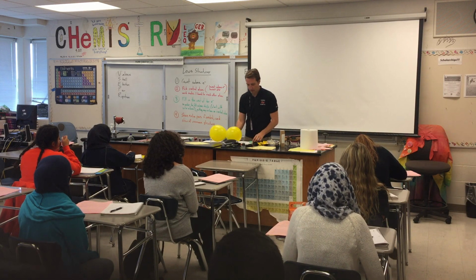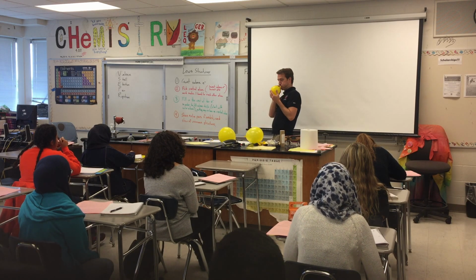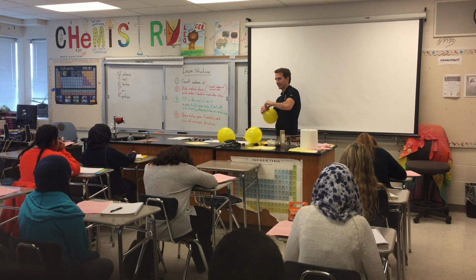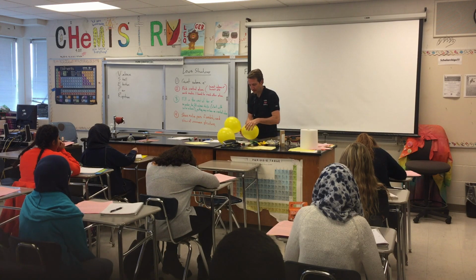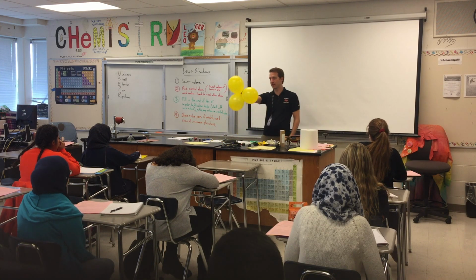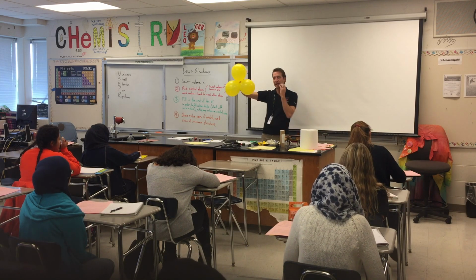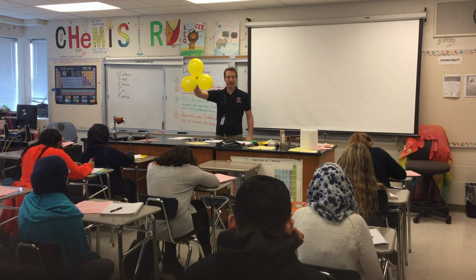Now, what if I add a third atom onto the central atom? If I try to stick 3 atoms onto some central atom, what shape do they take? Triangle, right? In order to minimize those repulsions, they're going to take a triangular shape.